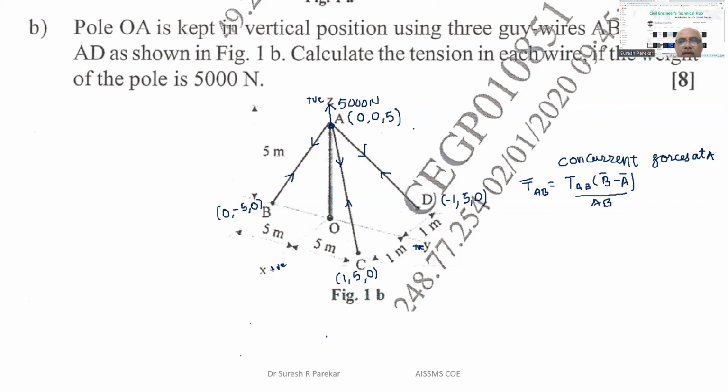Why have I taken B bar minus A bar? I am taking joint A, and at joint A this arrow is going towards B, so we have B bar minus A bar.